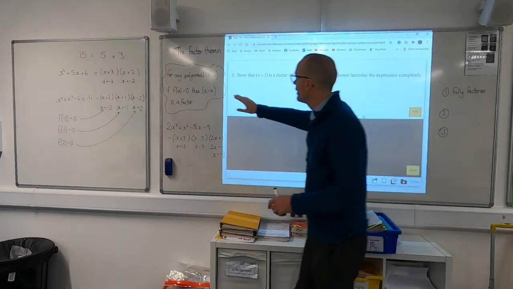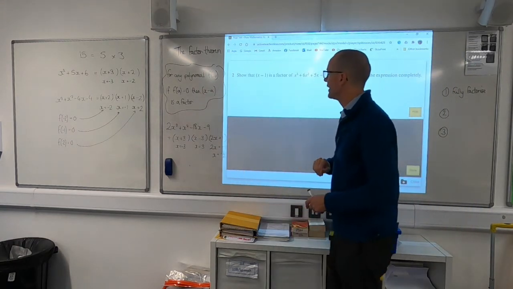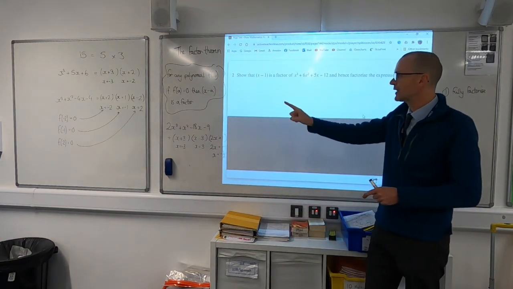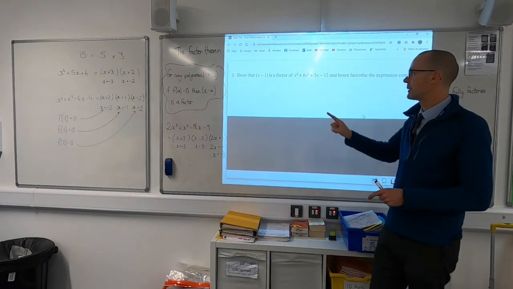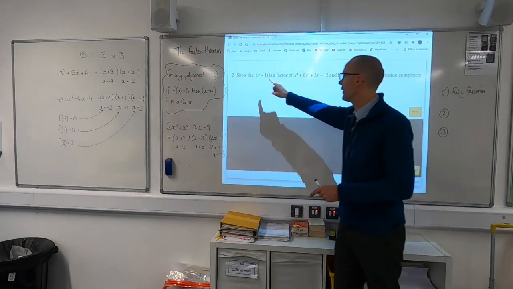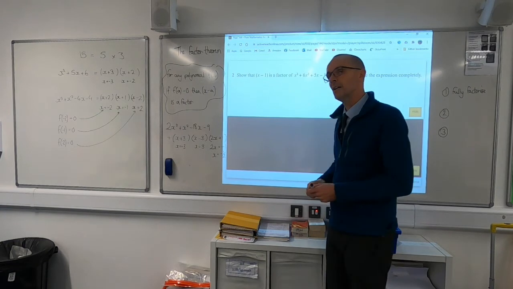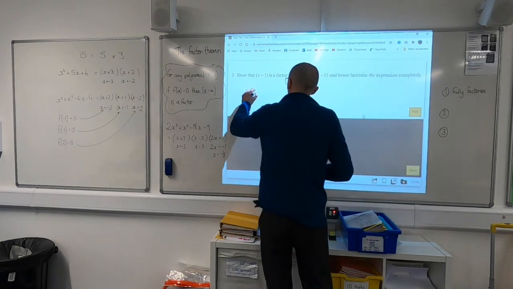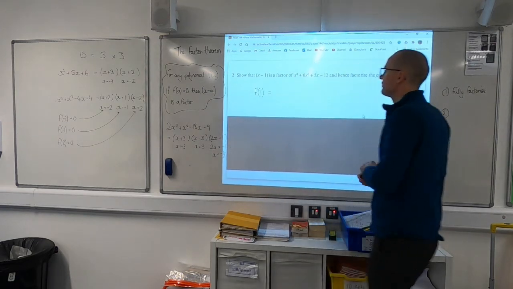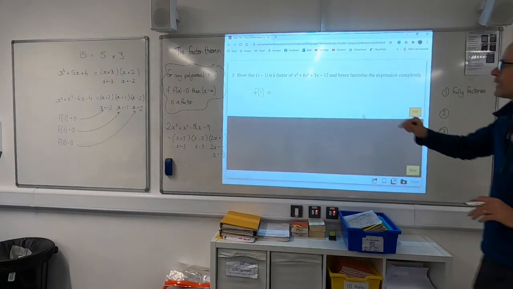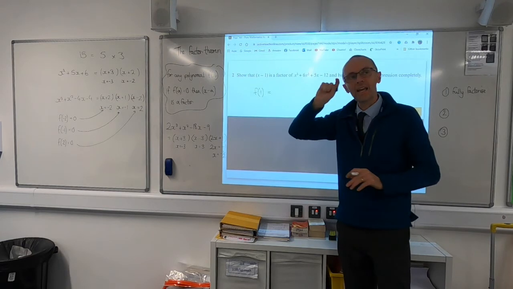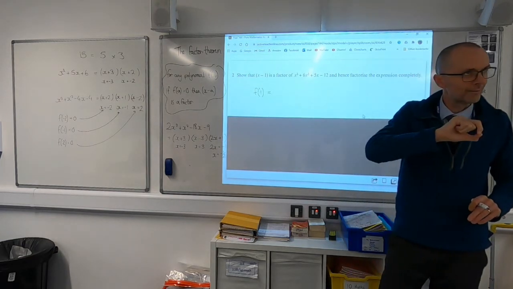So the factor theorem says that if a is a solution, x minus a is a factor. So I can show this is a factor by checking what f of 1 equals. If x minus 1 is a factor, x equals 1 would be a root.